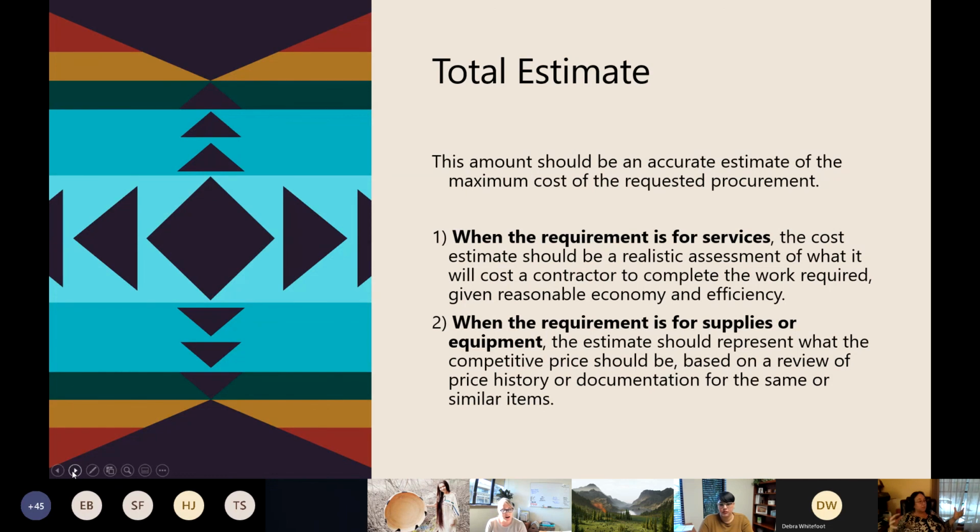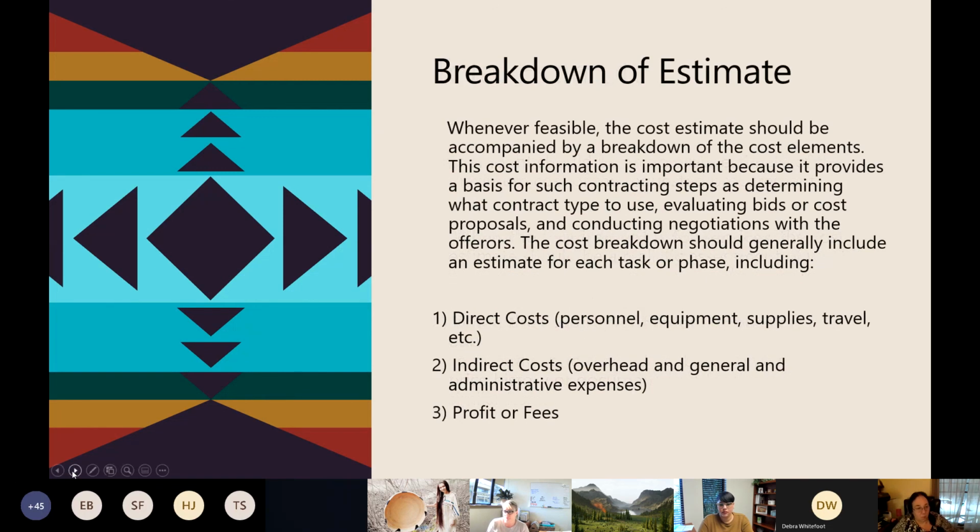When the requirement is for supplies and equipment, the estimate should represent what the competitive price should be, based on a review of price history documentation for the same or similar items. I mean, if you're going to buy drywall, 150, it's good. Some things are repetitive and you have a very good idea what it should cost you.